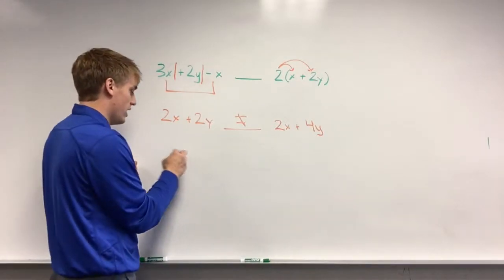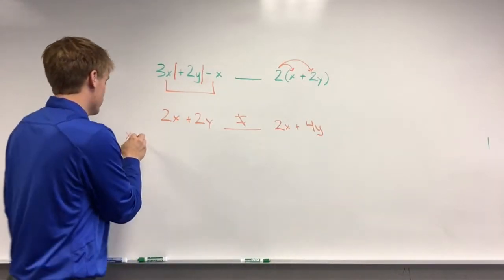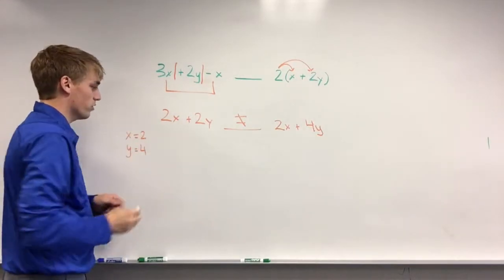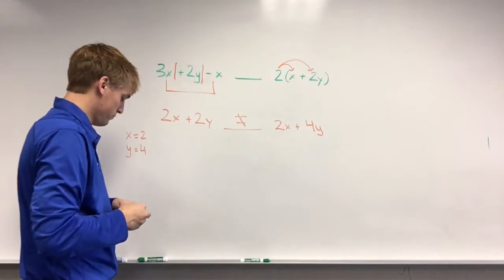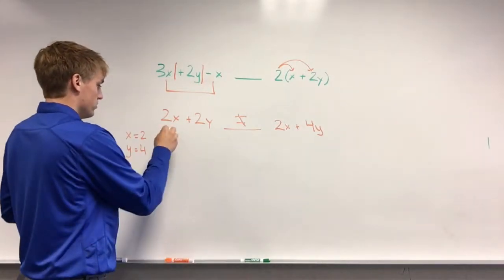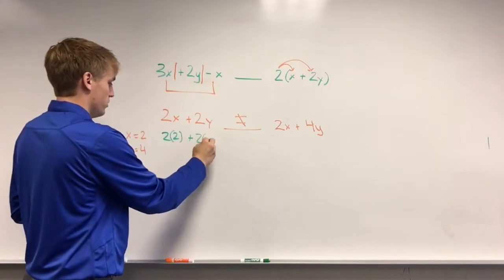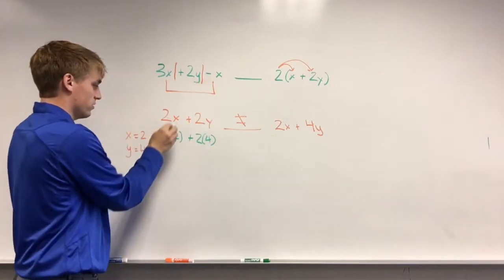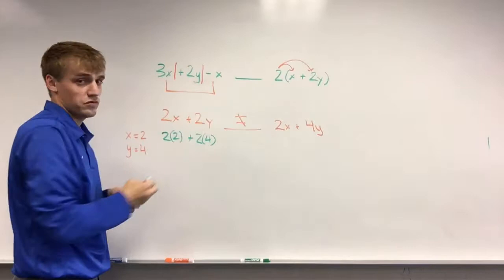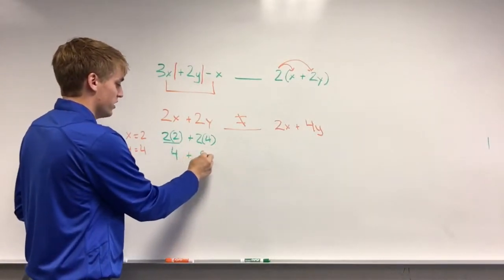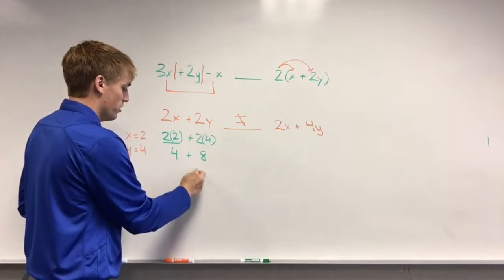Let's say that x was 2 and y was 4, and you plug those in: 2 times 2 plus 2 times 4, because x equals 2 and y equals 4. You would get 4 plus 8, which would be 12.